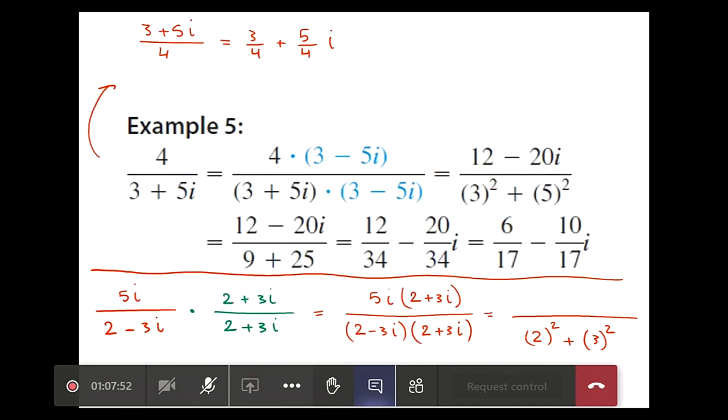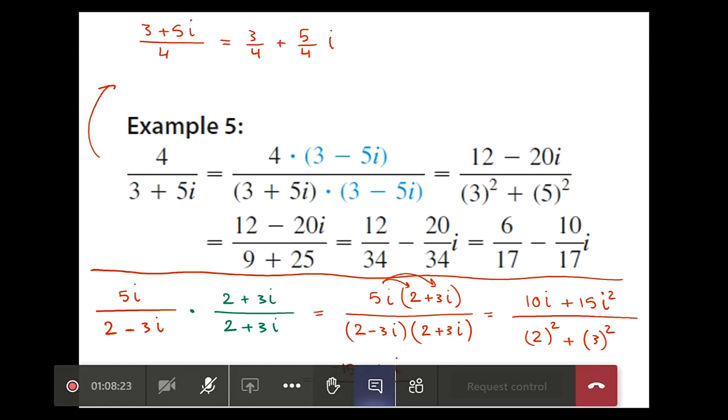Okay, now return: 5i multiplied by 2, we have 10i. 5i multiply 3i, we have 15i square. Okay, this equals 15 times i square. i square is negative 1. So we have negative 15 plus 10i.